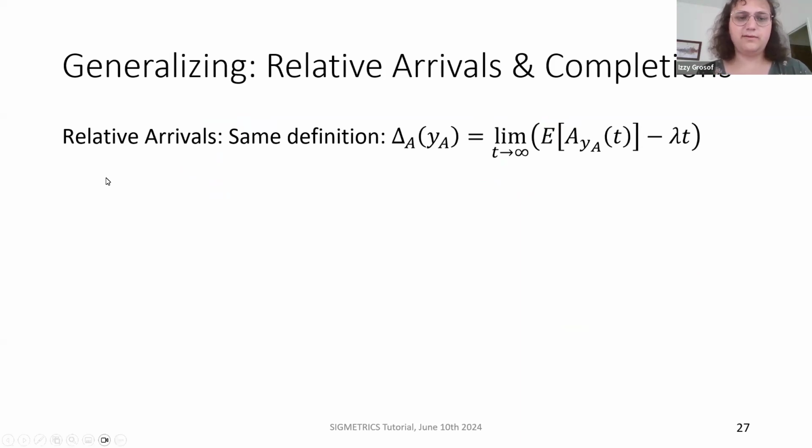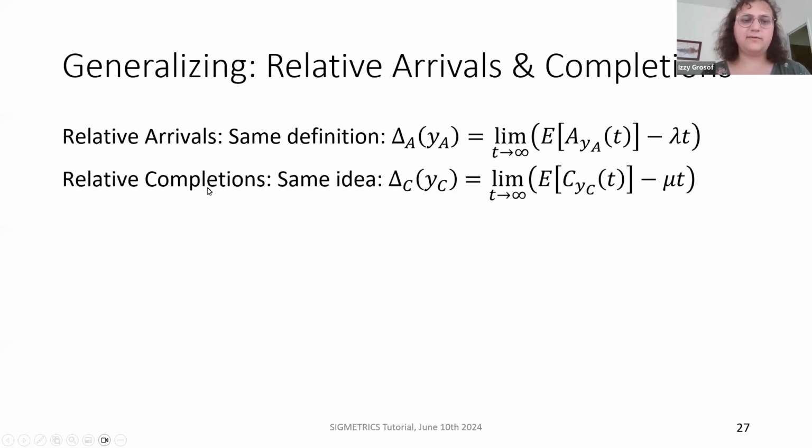For relative arrivals, we're going to use the same definition we used before, just the difference between expected arrivals up to time t starting in YA and the long-term arrival rate lambda times t. And for relative completions, we'll just copy the same idea: expected completions up to time t starting in YC minus the long-term rate mu times t.